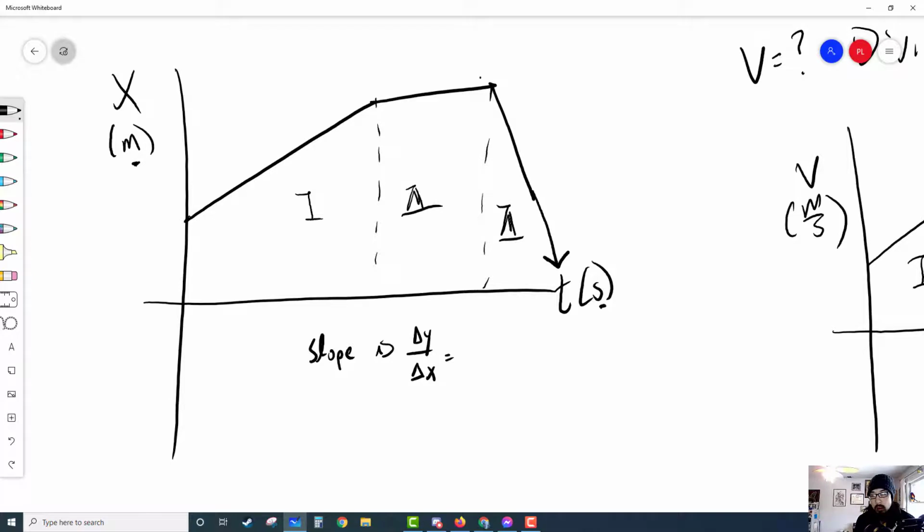That's why you should always include the units as well, because they're clues. They give us an insight into what we want. The units for the y-axis are meters. The units for the x-axis are seconds. So we get meters per second, which are the units for velocity. Therefore, the slope for a position versus time graph gives us velocity.